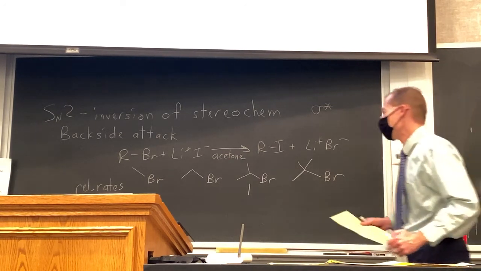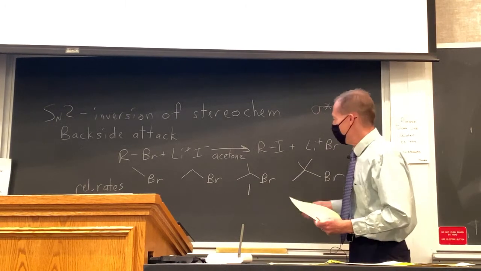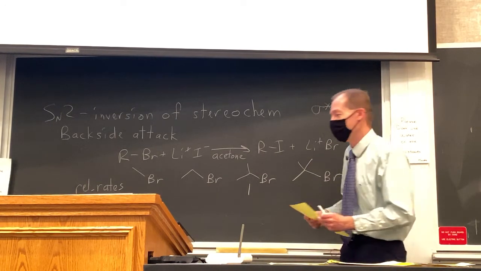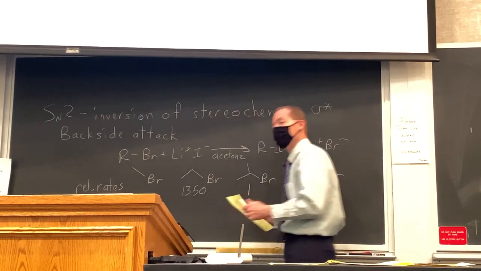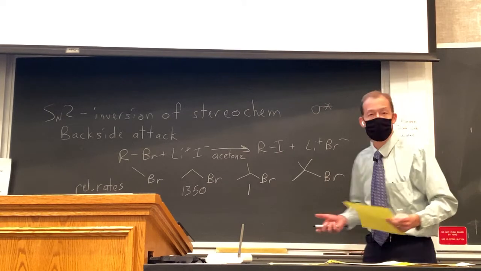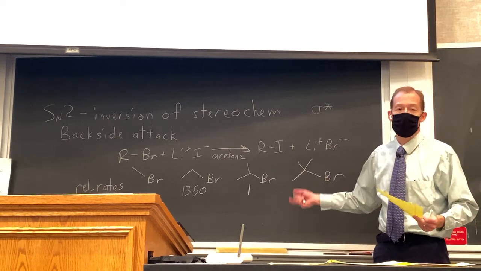It turns out that the rate of the SN2 reaction with a primary alkyl halide, bromoethane, is much faster, over 1,000 times faster than the reaction of the secondary alkyl halide.